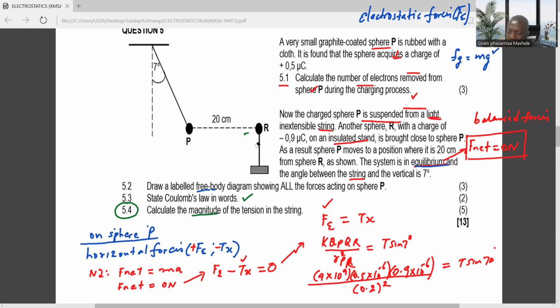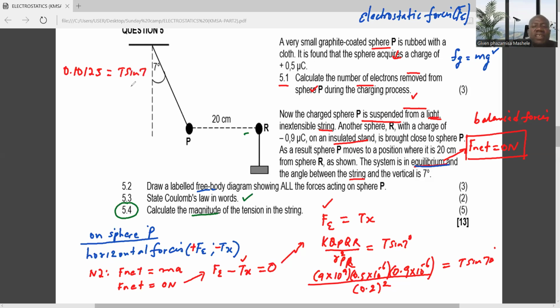Then this will give us, if I'm not mistaken, 0.10125 equals T sine 7.